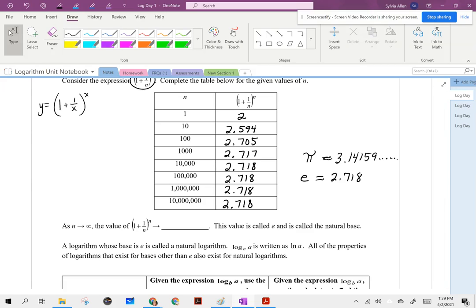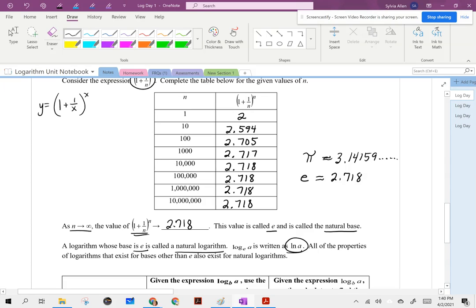All right. So notice though that as n, or in our case our x values, get bigger, this value approaches 2.718. This value is called e, and it is called the natural base. So a logarithm with the base of e is a natural logarithm and it's written as ln(a).